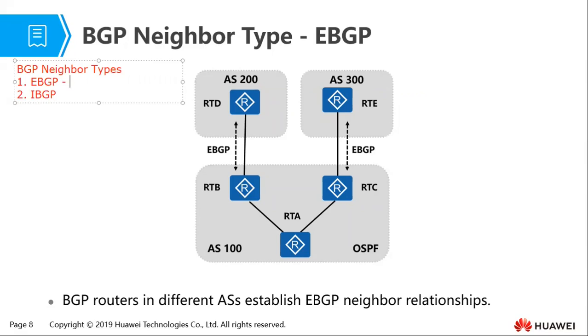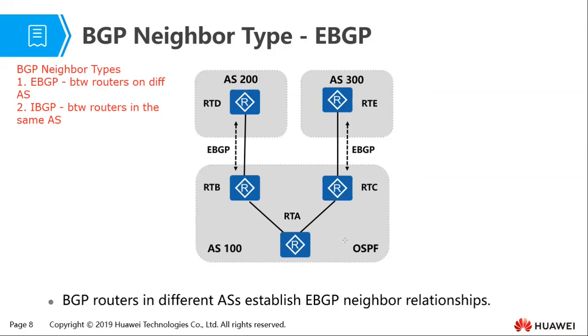Generally, EBGP is neighbor relationships between routers in different autonomous systems, while IBGP is between routers in the same autonomous system. So we are going to see why we need to specify IBGP. As you can see, RTD here is in AS200, RTE in AS300, and we have AS100 here, which has three routers, RTA, RTB, and RTC.